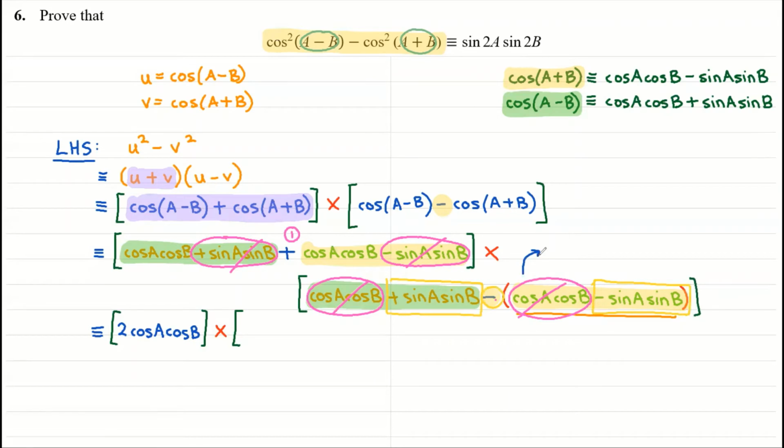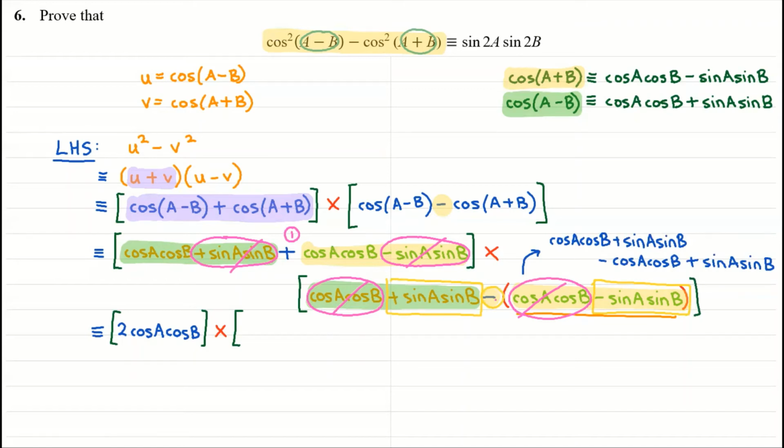So you would end up with cos A, cos B plus sine A, sine B. And then when you subtract the whole bracket, you would be subtracting cos A, cos B, but you would be adding the sine A, sine B because of the negative sign outside of the bracket. So maybe that's more clear.